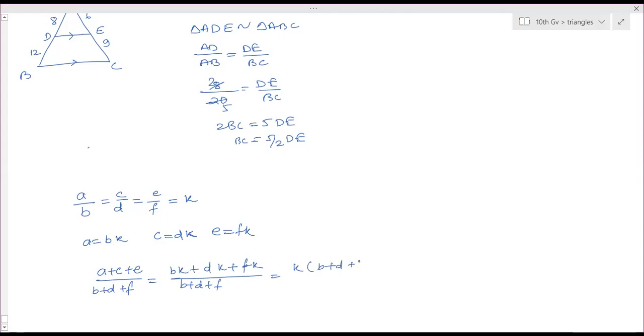B plus D plus F by B plus D plus F, this and this get cancelled, answer is K.